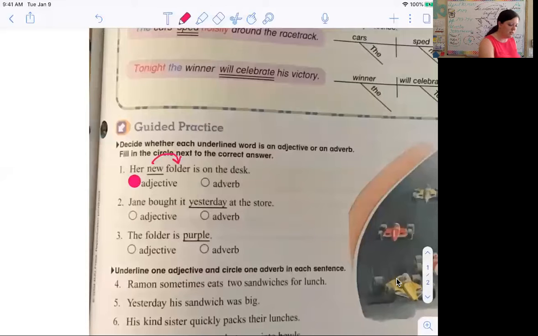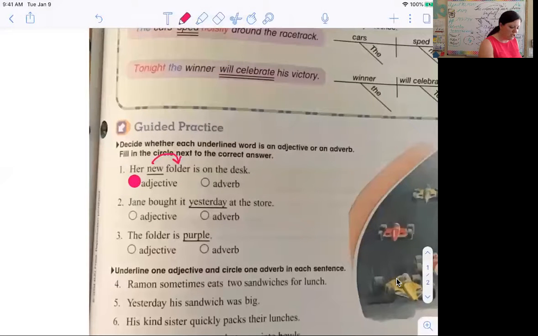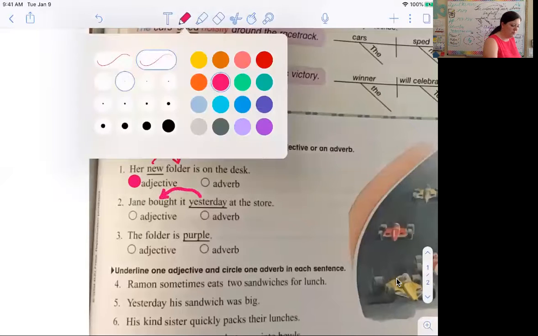When was it purchased? Let's take our pencil and draw an arrow from yesterday back to bought. What kind of word is bought? Bought is a verb. It's something that you can do. Because yesterday is describing a verb, that makes yesterday an adverb. Let's color in for adverb.